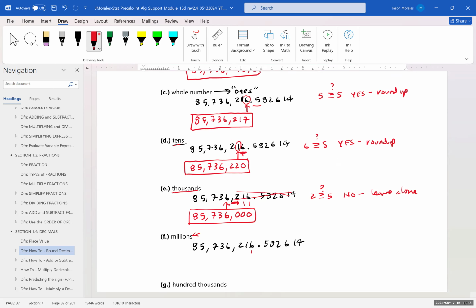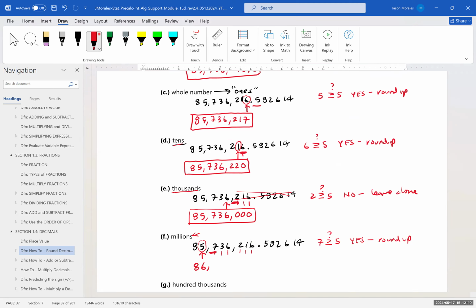So we've got ones, tens, hundreds, thousands, 10,000s, 100,000s, millions. Underline the digit to the right. Is 7 greater than or equal to 5? Answer is yes. So we'll round up. So we're going to end up rounding this 5 up to 6. So we've got 86 million.